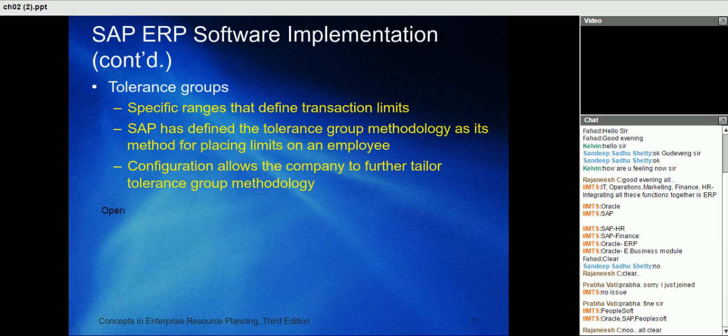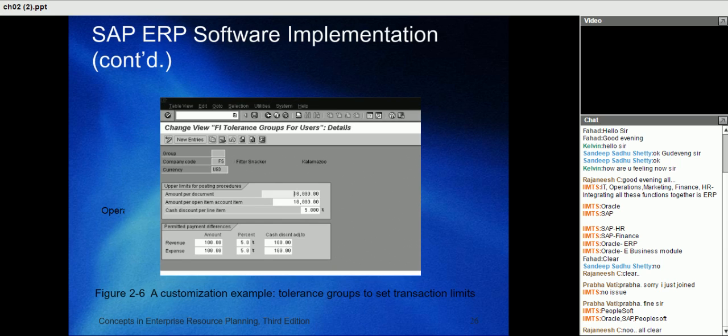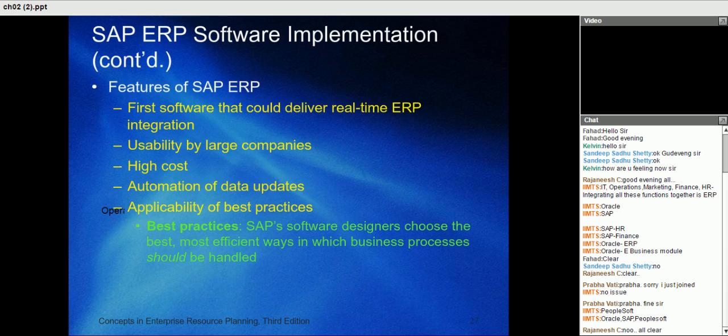So, SAP ERP software implementation. Just moving ahead. I am skipping some of the slides because they are not very useful for you, and do not need to be explained.